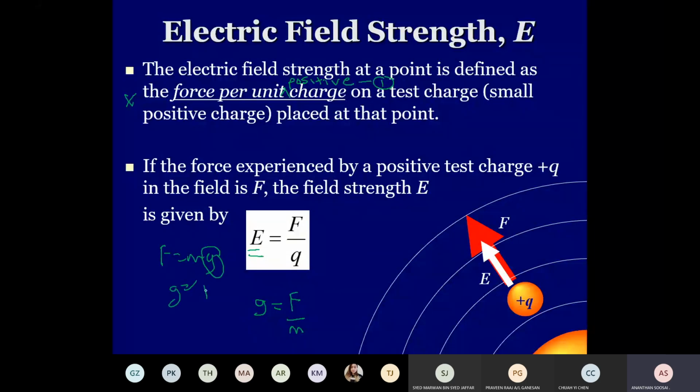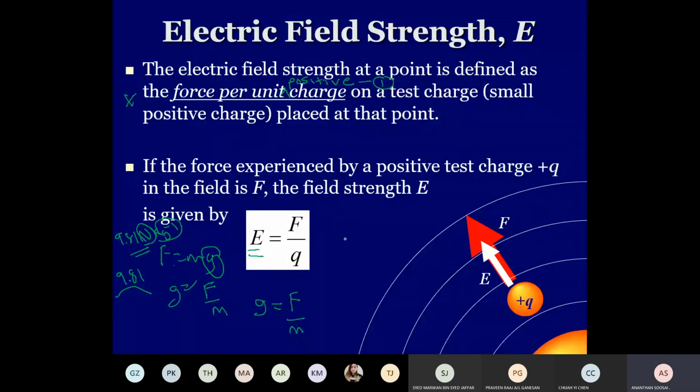It's actually defined as force per unit mass. Our Earth's field strength is 9.81, which means we experience 9.81 Newton of force for every kg of mass. That's your field strength. How much force you get per unit mass is your gravitational field strength.